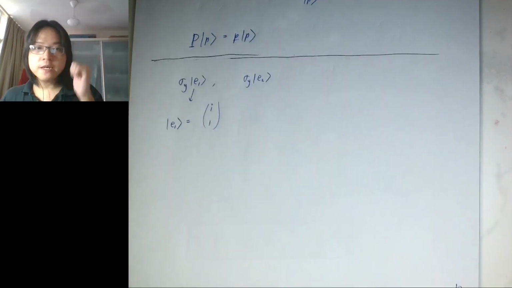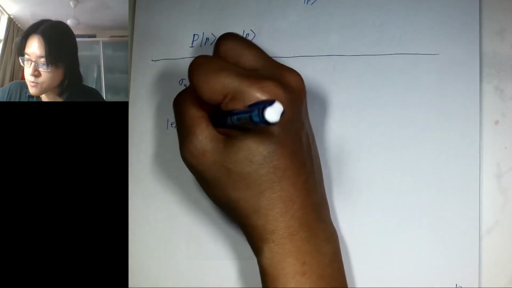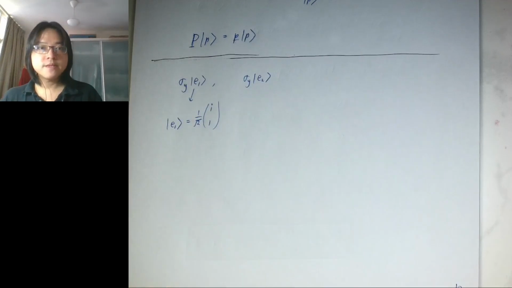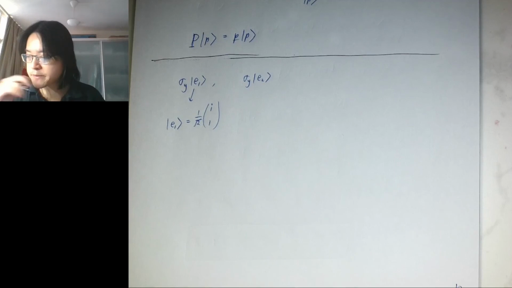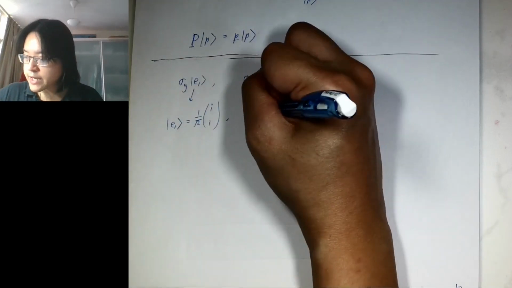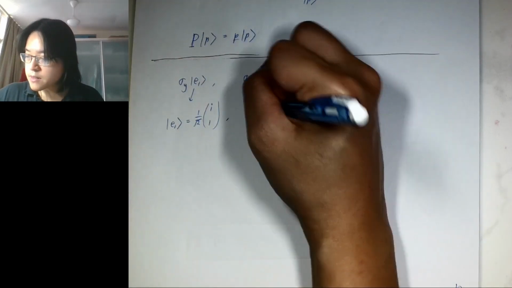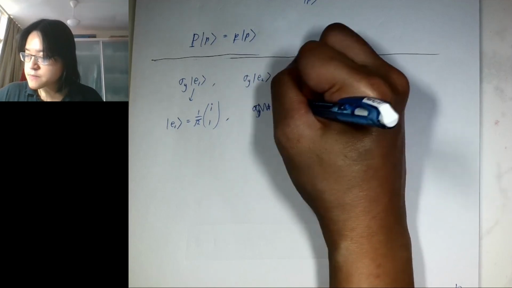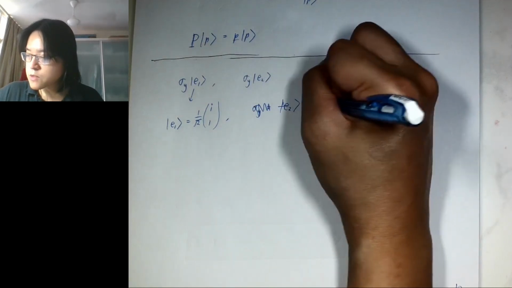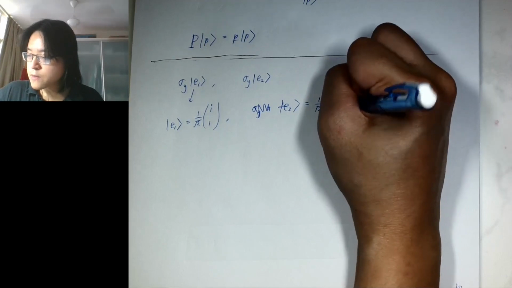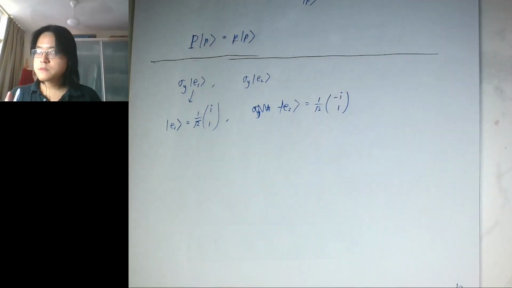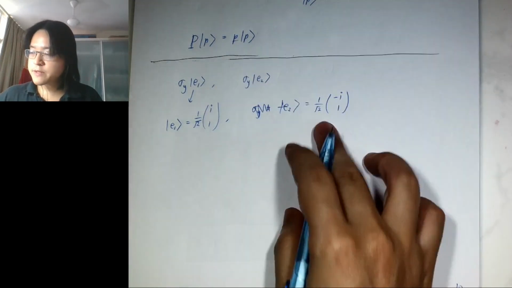So let's normalize this. So this is 1 over square root 2, this thing. This is the eigenvalue 1, am I right? And then this is the eigenvalue of negative 1. So let's normalize this: 1 over root 2 and then minus I 1. I think this eigenvalue is negative 1. I think it doesn't matter.